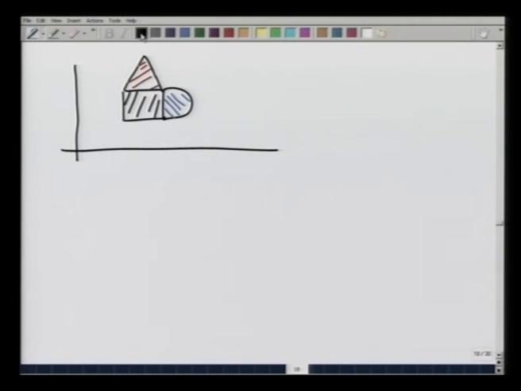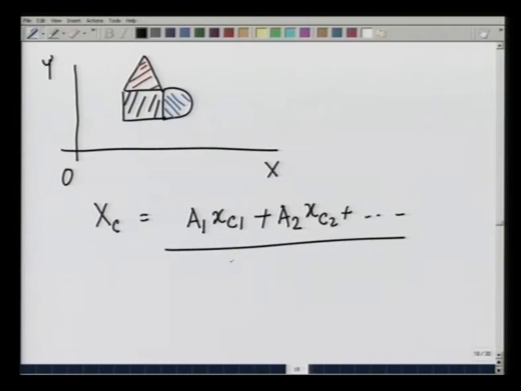Then it is very simple to prove that if I want to calculate the centroid of this whole system, then x c of the entire system would be equal to the area of system 1 times its centroid plus area of the second area times x c 2 plus and so on, divided by the total area. That means, in this case if I consider the square to be area 1, then x c 1 is known.